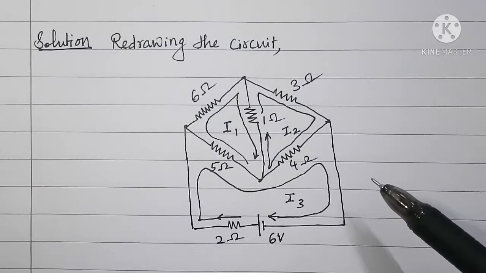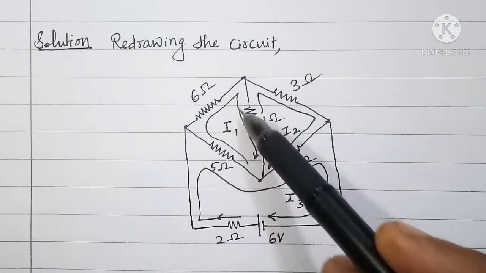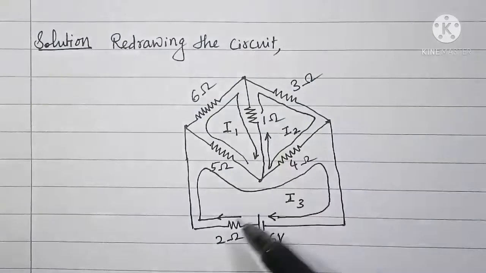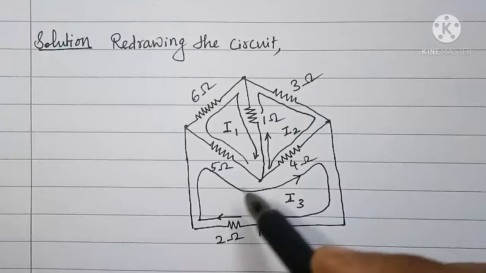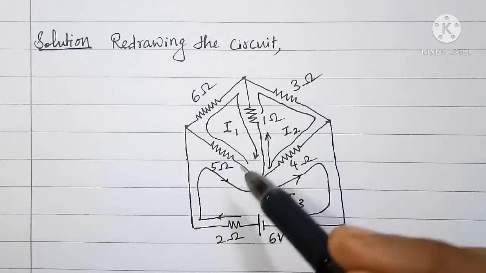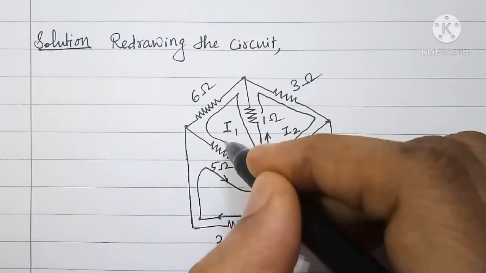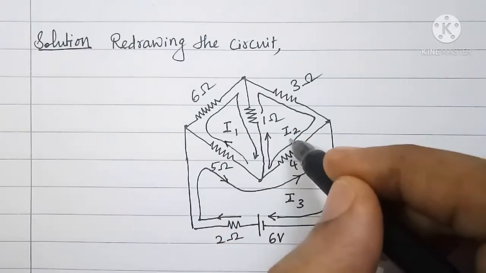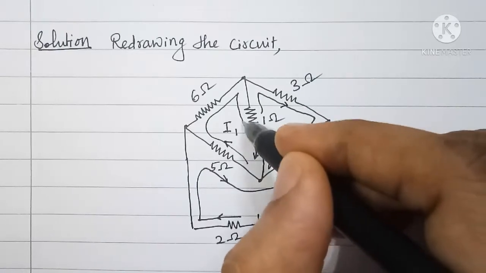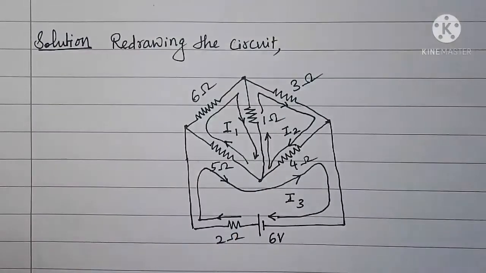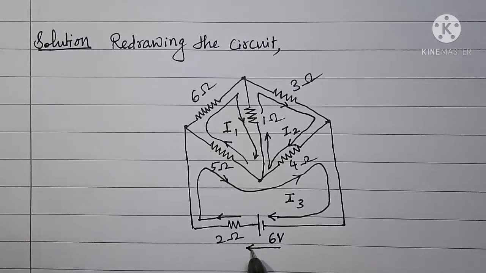Now here is the redrawn circuit with mesh currents I1, I2 and I3 all marked in clockwise direction. The 6 volt source has voltage rise direction from right to left.